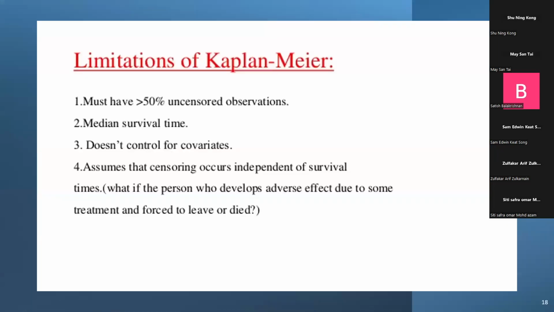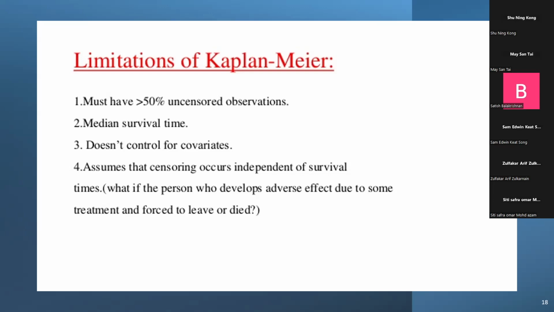Okay, so what is a limitation of using Kaplan-Meier? If our censored observations are more than 50%, then we have a problem. We need uncensored observations to be more than 50% in your intervention group. Sometimes the median survival time is difficult to find, and it doesn't adjust for any factor.